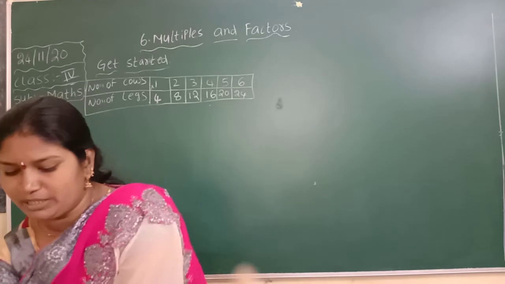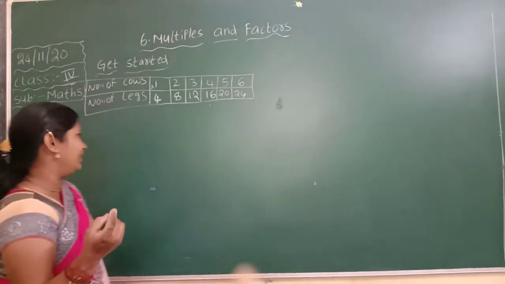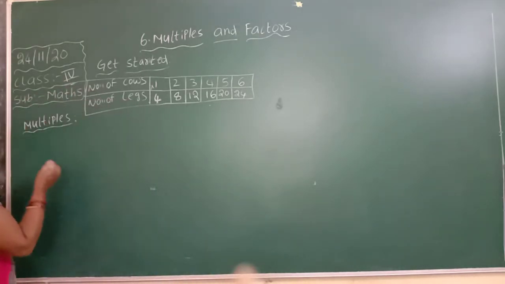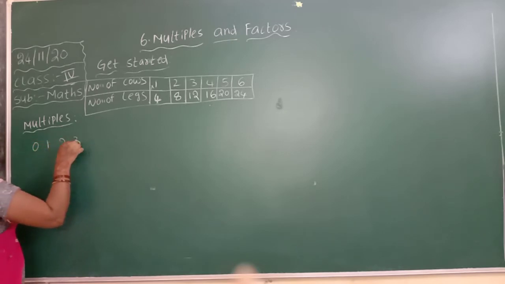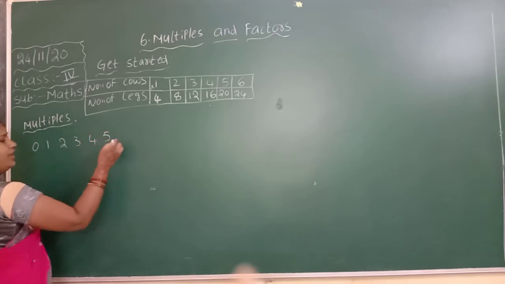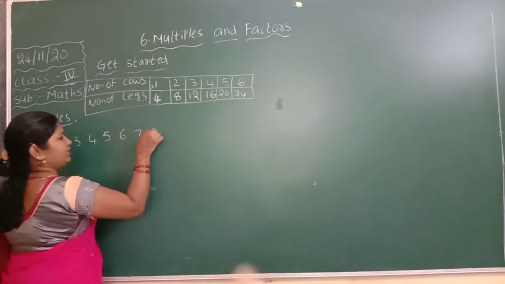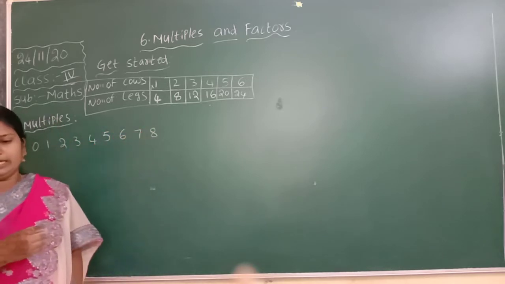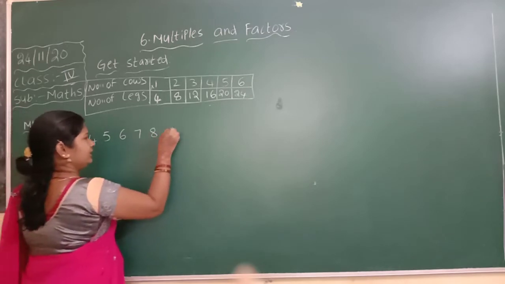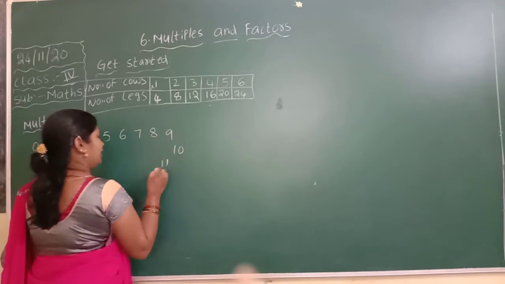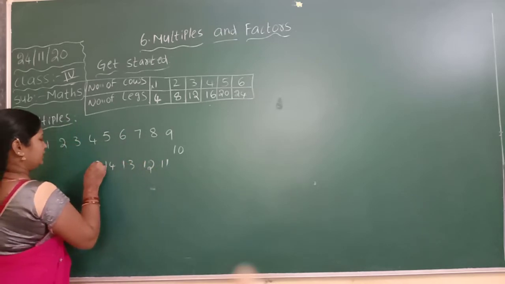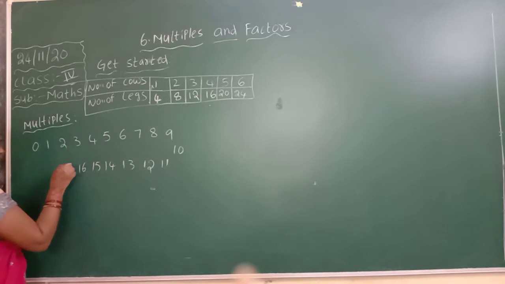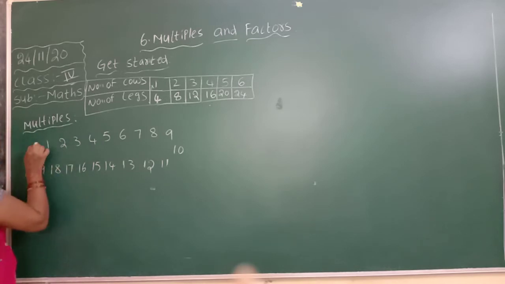They have given numbers here, 0 to 20. 0, 1, 2, 3, 4, 5, 6, 7, 8, 9, 10, 11, 12, 13, 14, 15, 16, 17, 18, 19, 20.